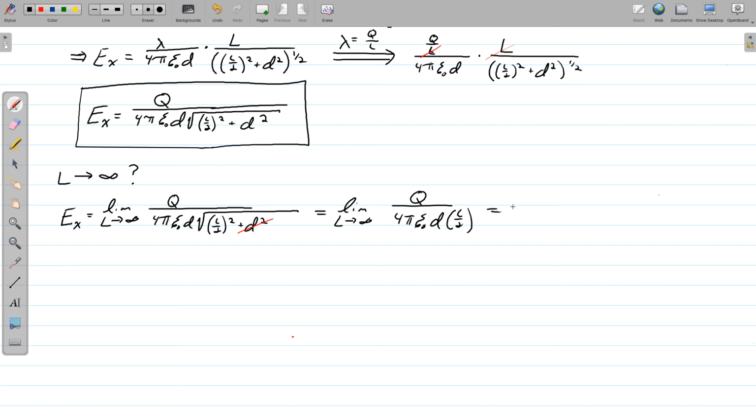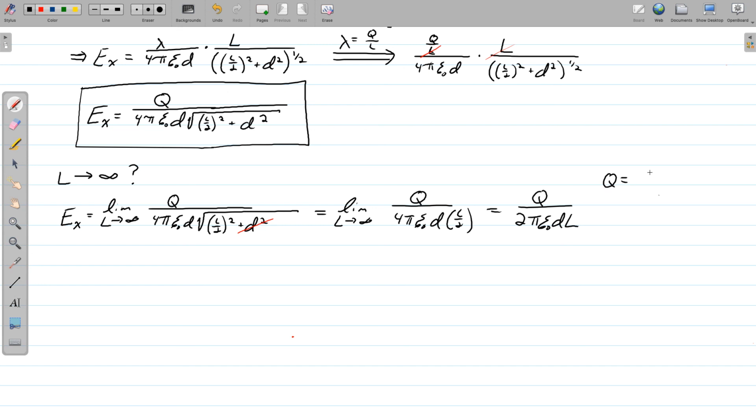So 4 divided by 2 on the bottom, I have Q over 2 pi epsilon naught d times L.